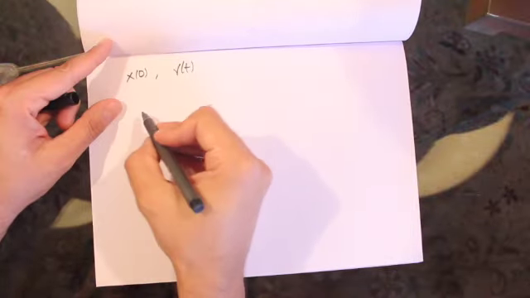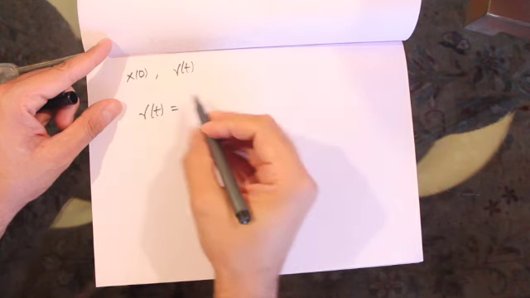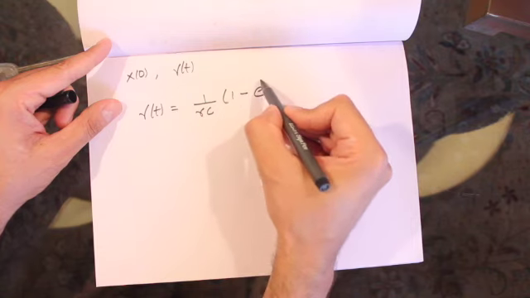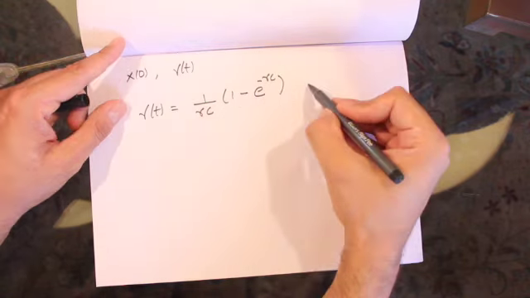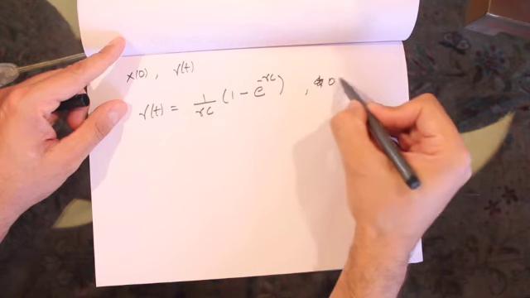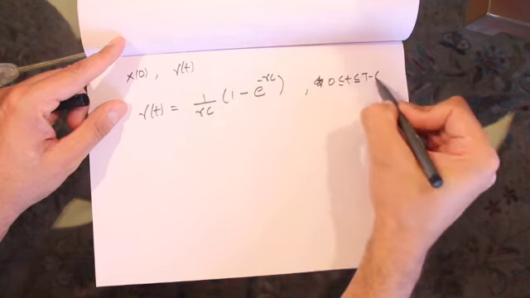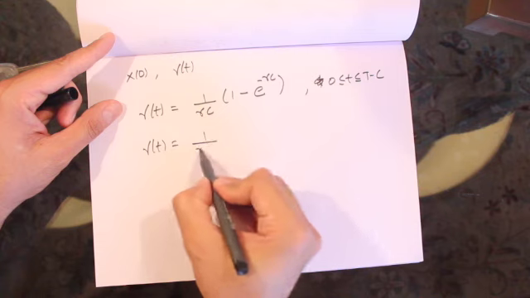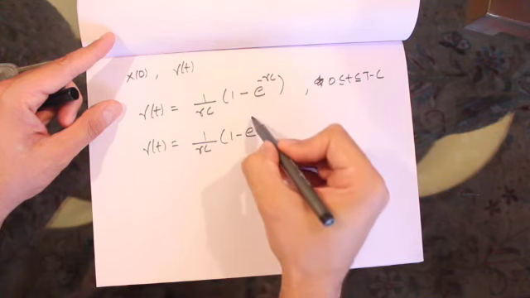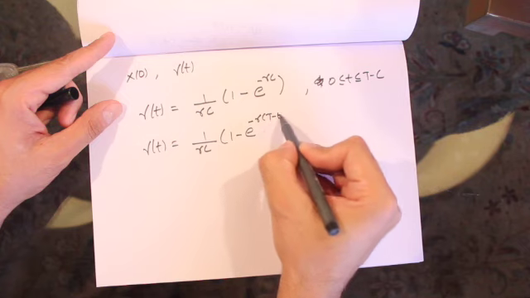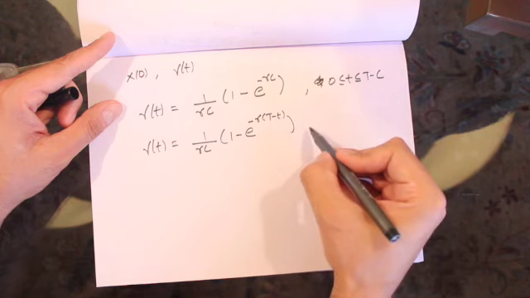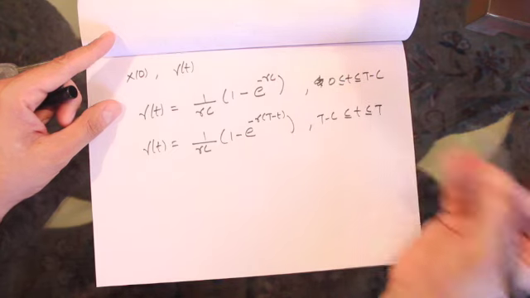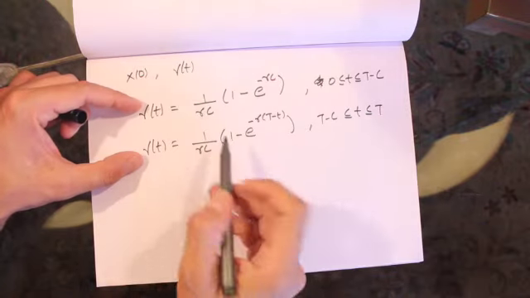So what I claim is that gamma T is equal to 1 by RC times (1 minus e to the power of minus RC), when time is 0 ≤ t ≤ T minus C. And gamma T is equal to 1 by RC times (1 minus e to the power of minus R(T minus t)), when T minus C ≤ t ≤ capital T. So this is what I'm claiming.